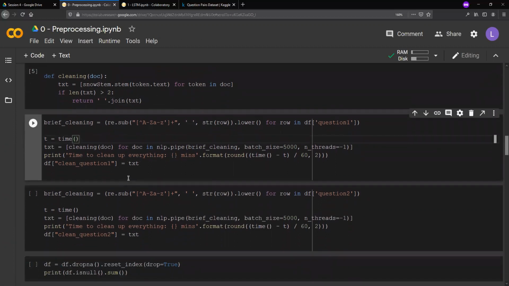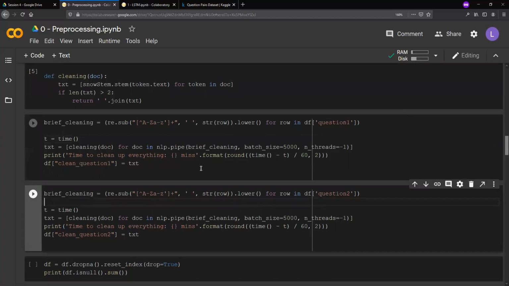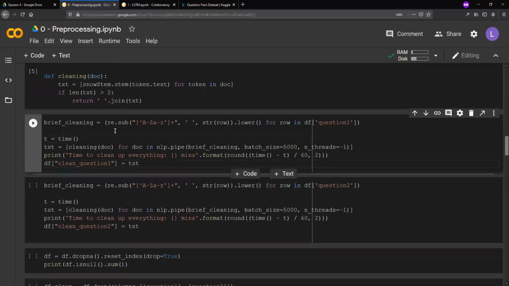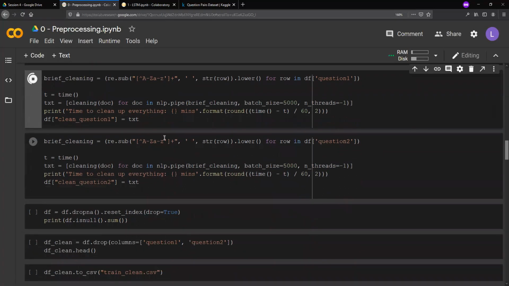And in this instance, we want to clean up question 1, as well as clean up question 2. So again, this is going to take quite a while. Let's see. This should take a few minutes.